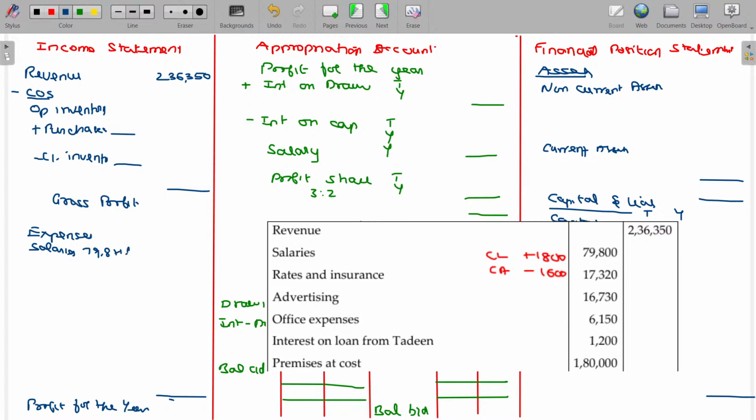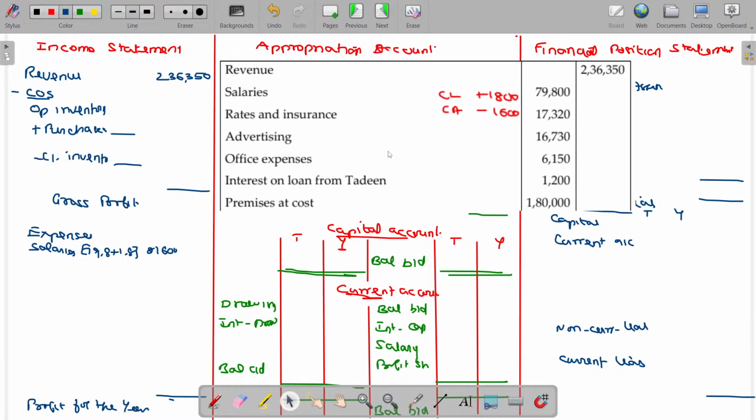With that, 1,800 should be added, then the ultimate value being 81,600. And this 1,800 is again a current liability. I have to post that in the current liabilities section. Outstanding salaries are other payables. The value being 1,800.